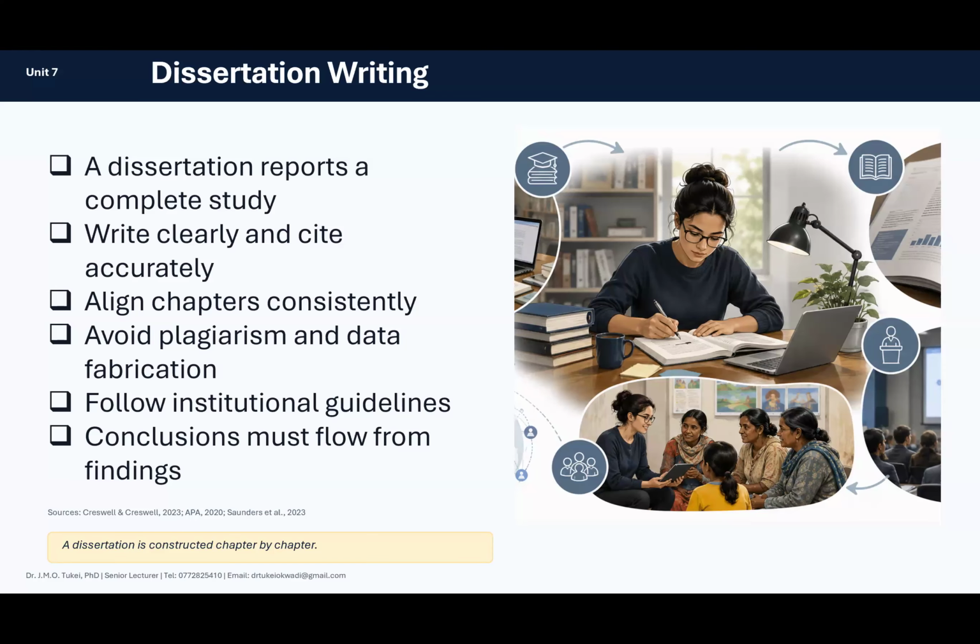The key message here is that a dissertation is constructed chapter by chapter, but its quality depends on the alignment across the whole document. That's why you should hold on and be around so we finish together.